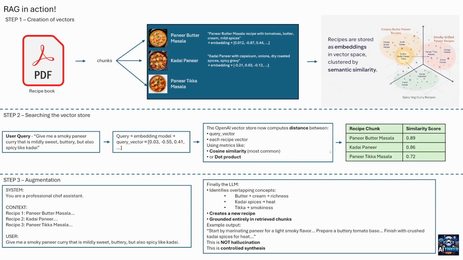Now context is what got retrieved as part of this search. And then there is the user query, which is give me smoky paneer curry that is mildly sweet, buttery, but also spicy like kadai. Once the large language model has all this information, it is going to identify the overlapping concepts and create a new recipe, and it is entirely grounded in the chunks that were retrieved, right?